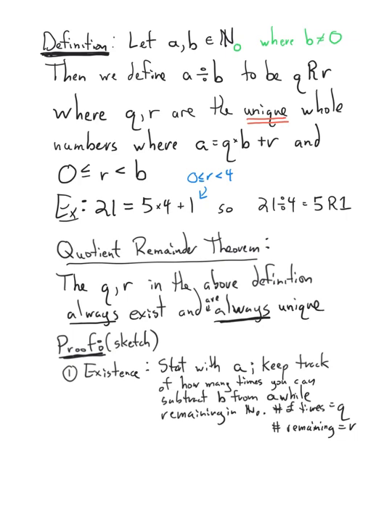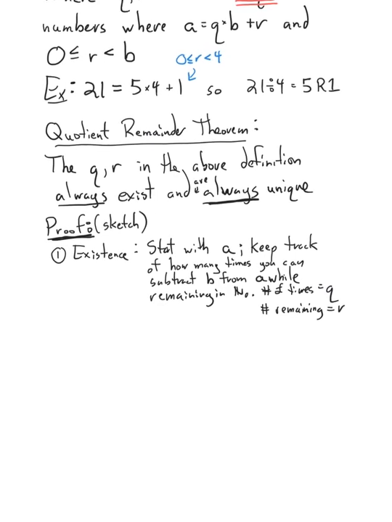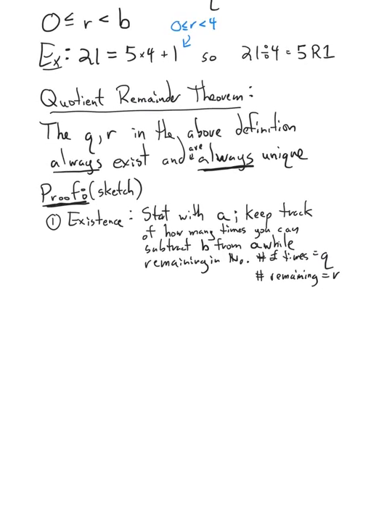So I'm basically saying keep track using repeated subtraction. Writing down the details is a little bit fiddly, and that's why I say the actual proof is beyond the scope of this course. It's not super bad, but this gives you the exact idea of how to do it without getting into all those fiddly details.